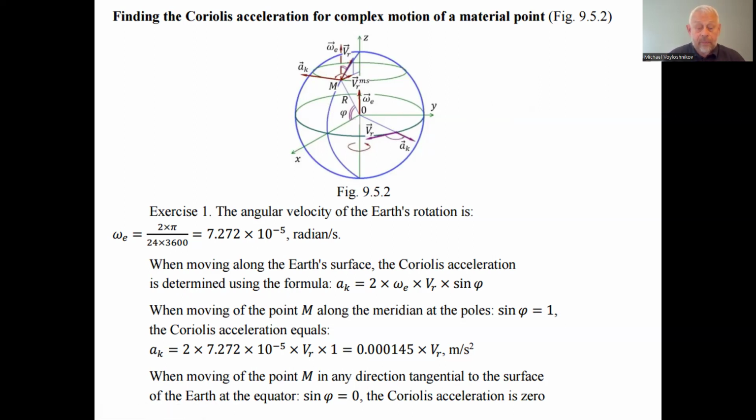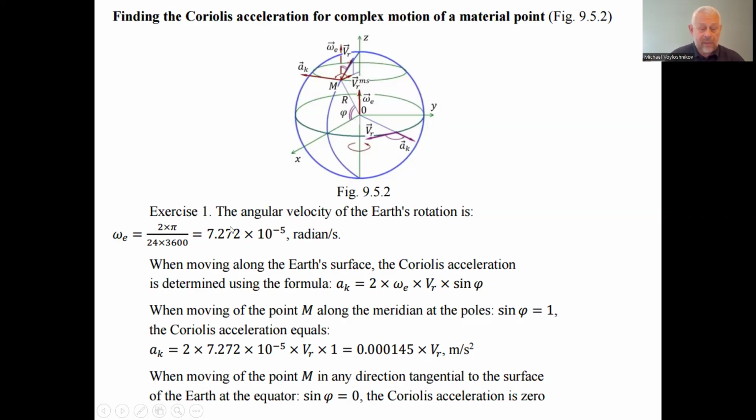And a little bit about the magnitude of the transfer angular velocity of rotation of the Earth. We can find it as 2 pi over 24 hours a day, 3600 seconds per hour.